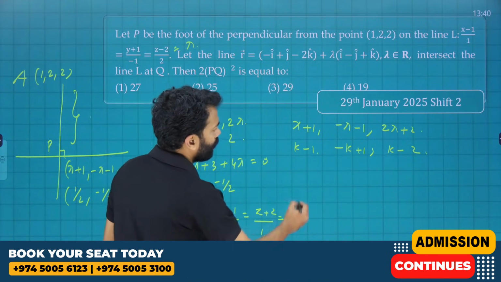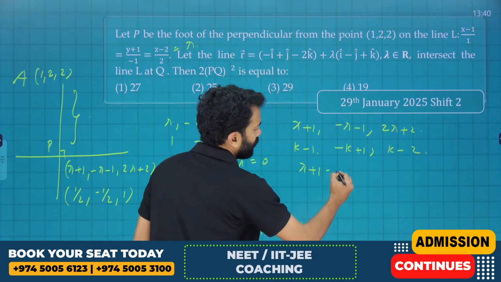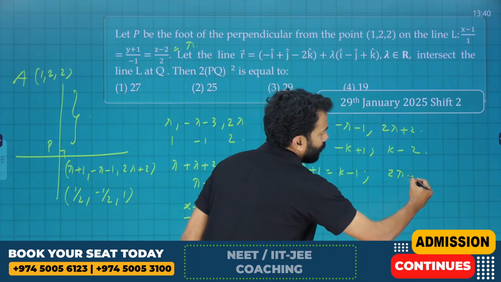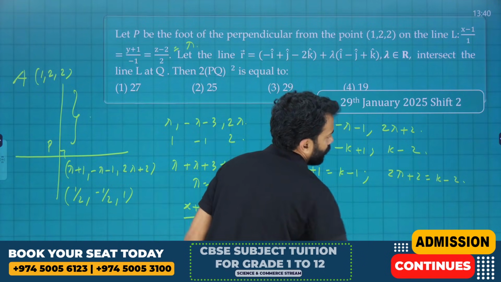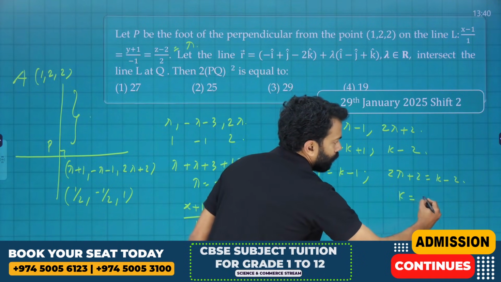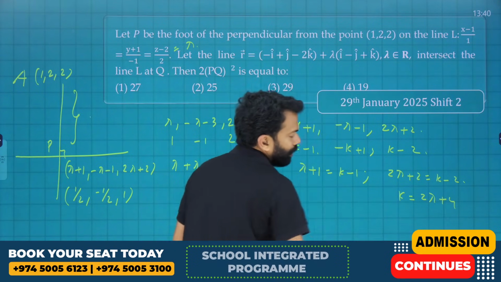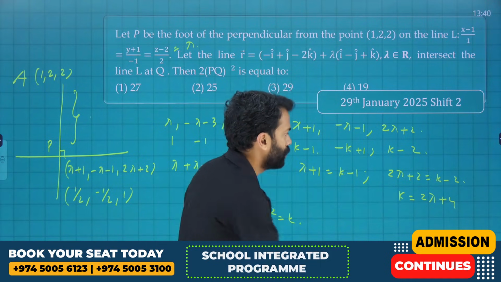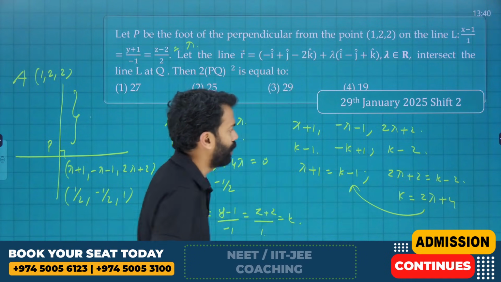We can equate it like lambda plus 1 is equal to k minus 1. I think it is better: 2 lambda plus 2 is equal to k minus 2. Therefore, from here we can formulate k: k is equal to 2 lambda plus 4. Substitute that value here, you will get the value of lambda.